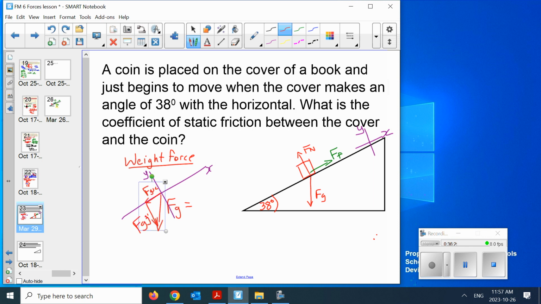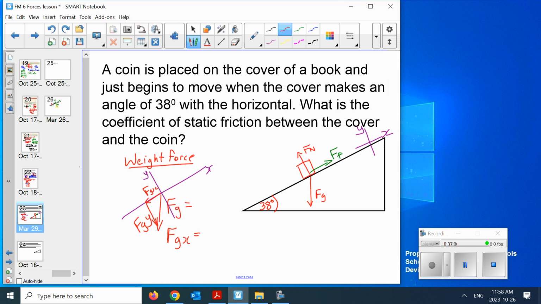It's supposed to be a Y. That's messy. Let's go back to this. We don't need it. We do know that FGX... well, we've got to figure this out again.